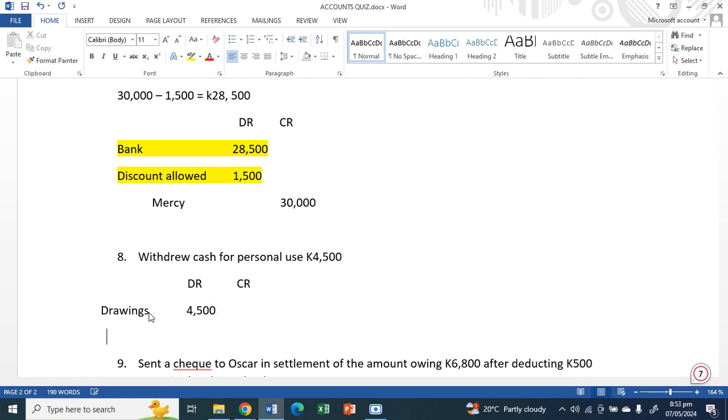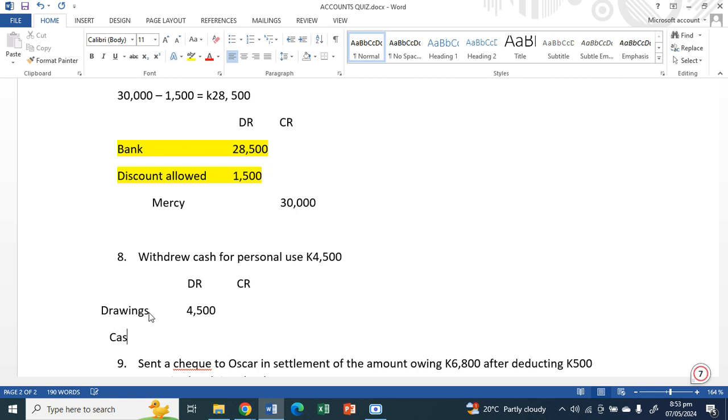Okay, then since we'll remove this money from our cash account so that we can use it for our personal uses, that's a reduction in an asset, which is the cash account. So for a reduction in an asset you credit.